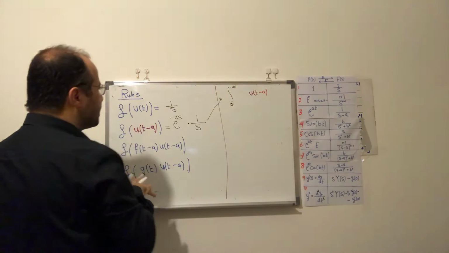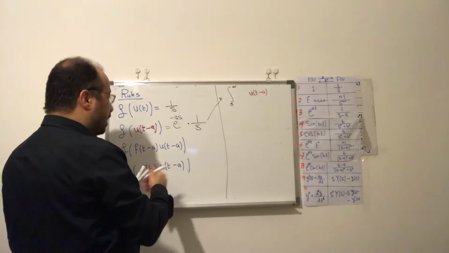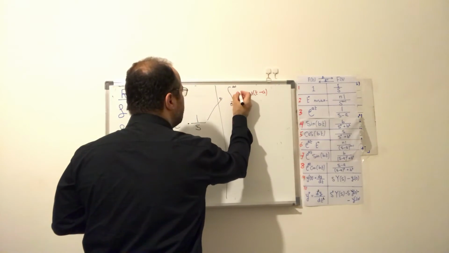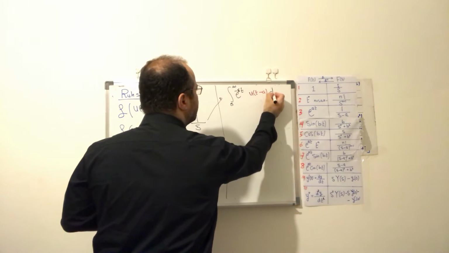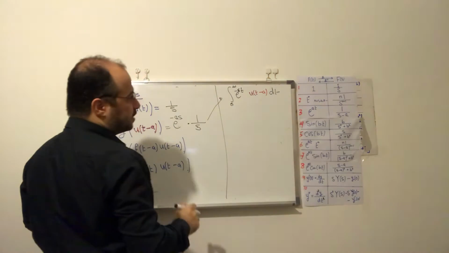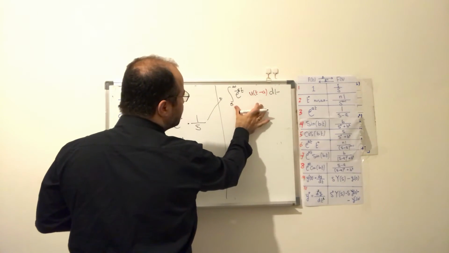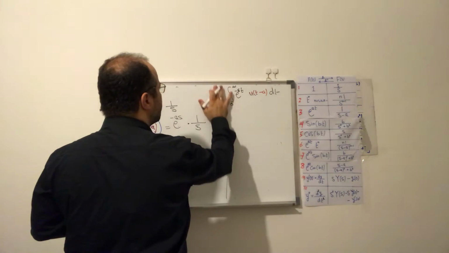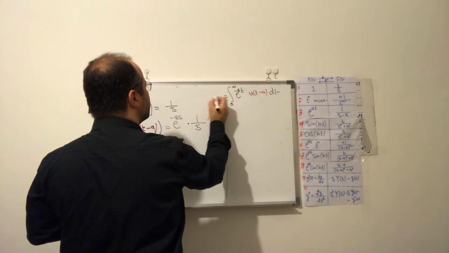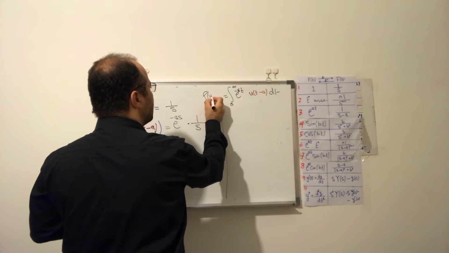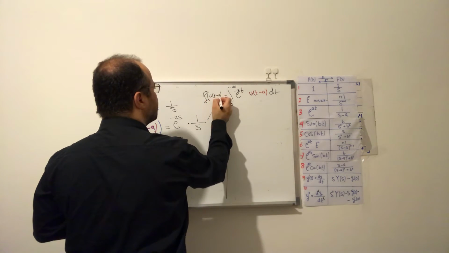You multiply this with e minus st, and then you integrate from 0 to infinity. Now for this thing, I can do some substitution. So this is the Laplace transform. I'm trying to do the Laplace transform of u of t minus a, right?